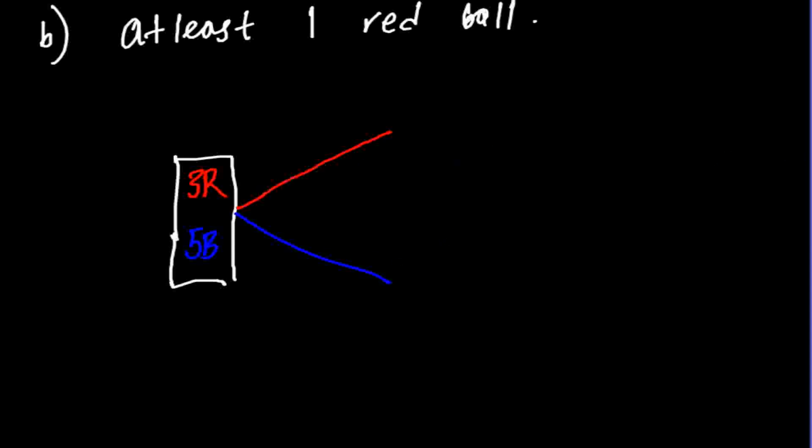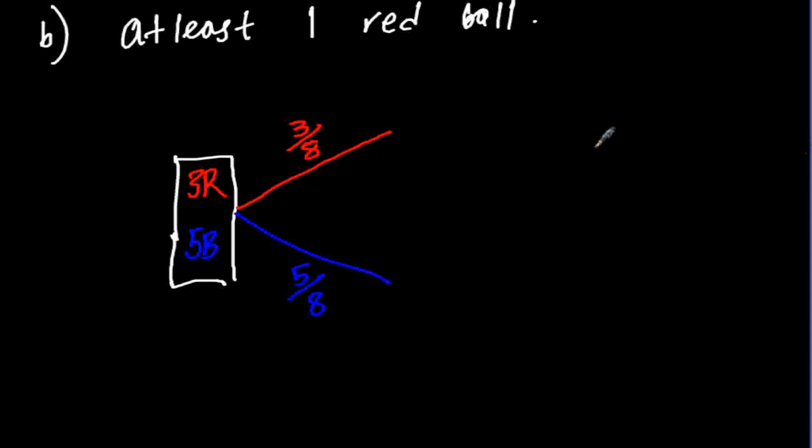So the probability of picking a red ball from this bag is 3 out of 8, the total sample space. And the probability of picking a blue ball from this bag is 5 out of 8.